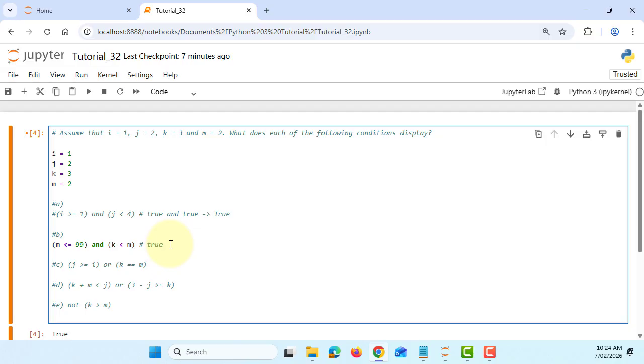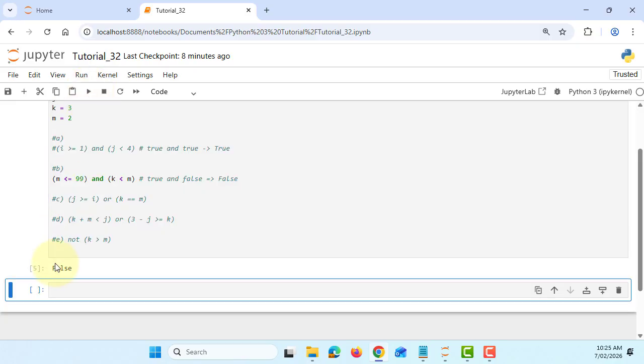That's true. And k 3, 3 less than 2, that is not true. Okay, both of them have to be true, so it becomes true for AND operator. So it should be false. So here you go, false.